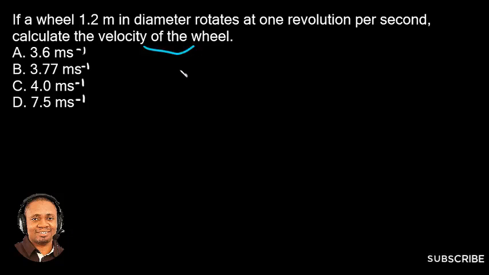The velocity of the wheel V is equal to, it has its own formula, the angular velocity W times the radius of the wheel. And also note that in another instance the angular velocity W is equal to 2 pi over time.